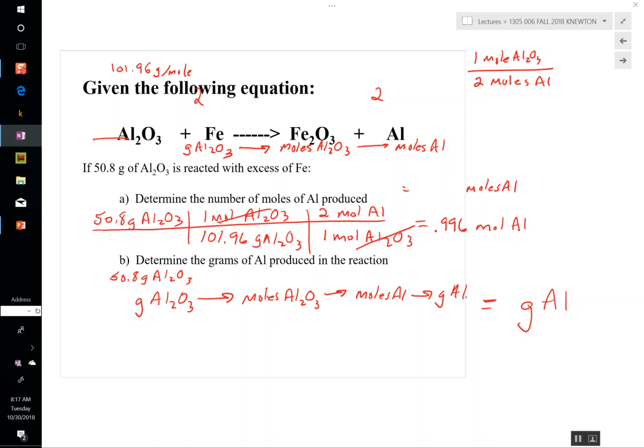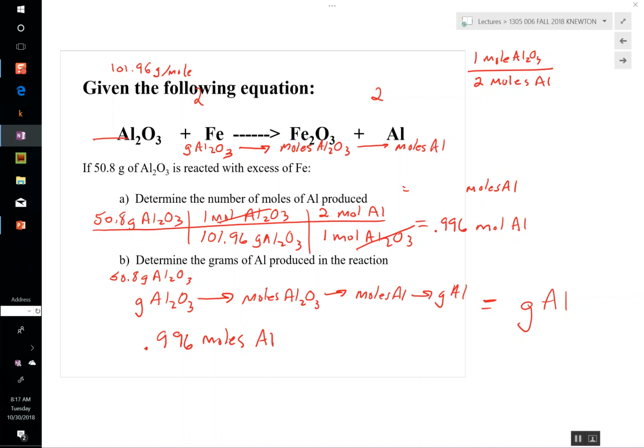That's the answer. But now for part B, we can actually start right there. Why? Because we're talking about the same amount of aluminum oxide in part A and B. And 50.8 grams of aluminum oxide produces 0.996 moles of aluminum.